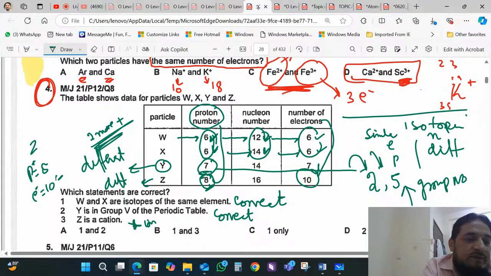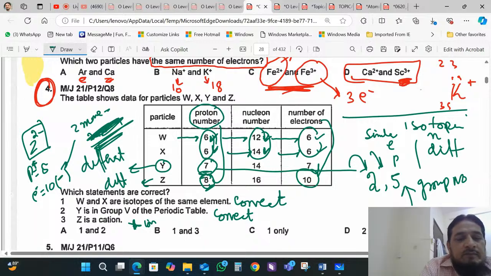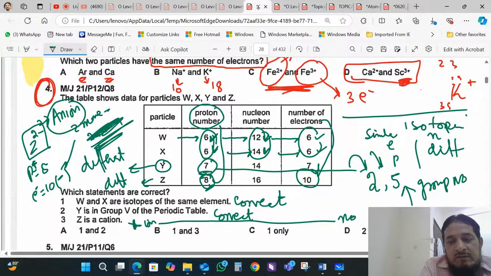So there are 2 more negatives, not positives. So it will have a 2 minus charge, and the ion carrying the minus is known as an anion, not a cation. So this statement is not correct. So the first and the second are correct, and our answer will be A.